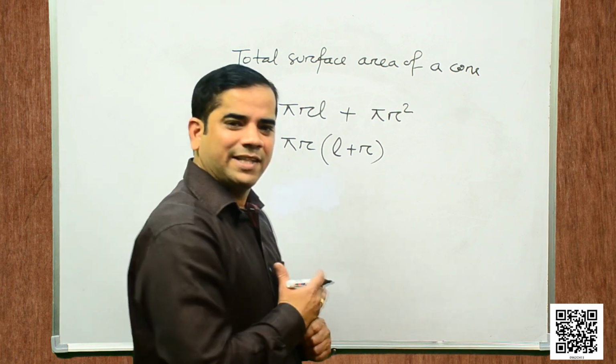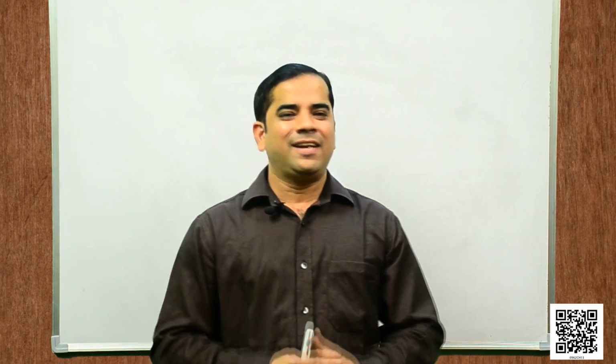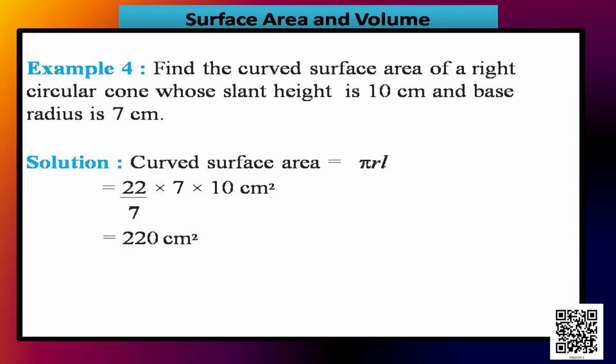Hope you understand this. Students, let us now discuss example 4. It says, find the curved surface area of a right circular cone whose slant height is 10 centimeter and base radius is 7 centimeter. Let us now discuss the solution.